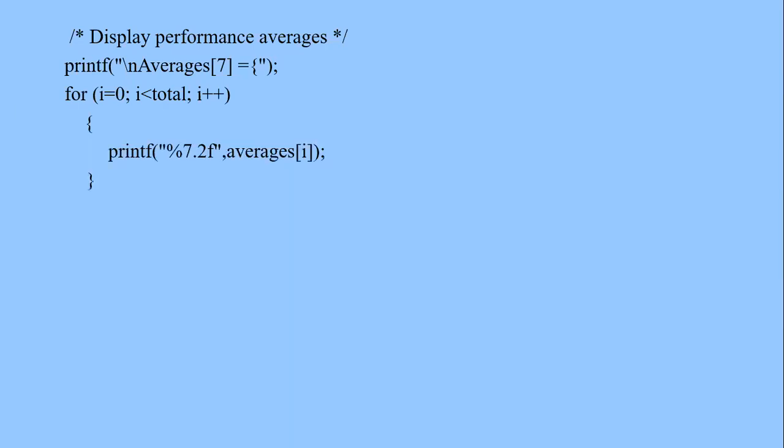So this section, or this iteration, will continue until the value of I is no longer less than total. And by that time, all the averages will have been displayed.